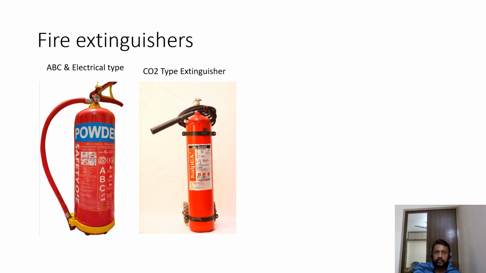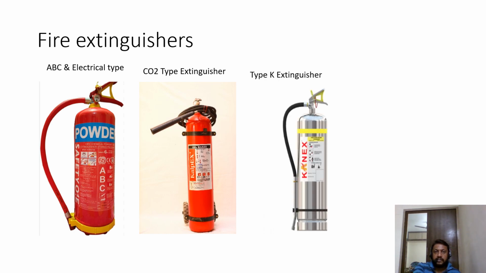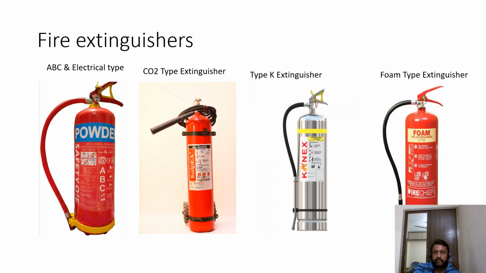Then this is the type K extinguisher, type K or type F, which is used in kitchens, restaurants, and cooking areas. And then this is the foam type extinguisher. As we discussed, foam type is used only for class A. So these are some fire extinguisher images.